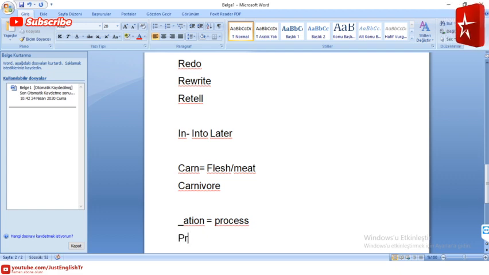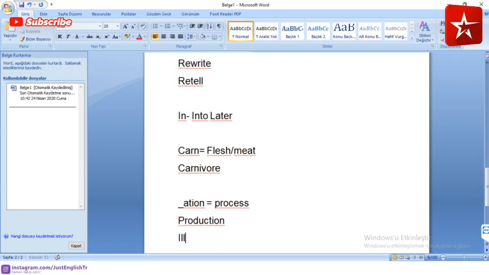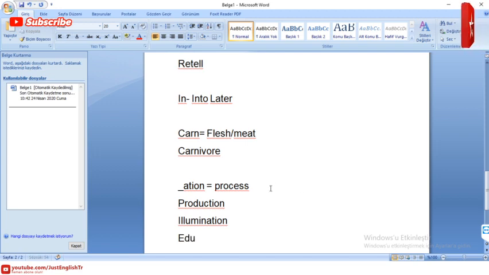So we have words like production, the process of production, illumination, the process of illuminating, education, again, noun form, the process of educating. And here, of course, we use this for nouns.